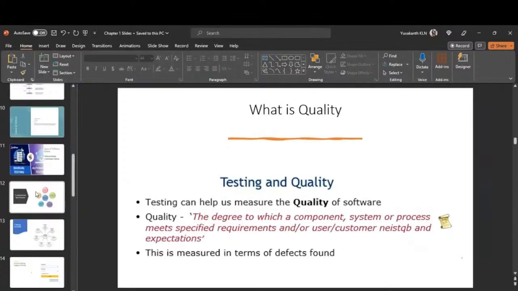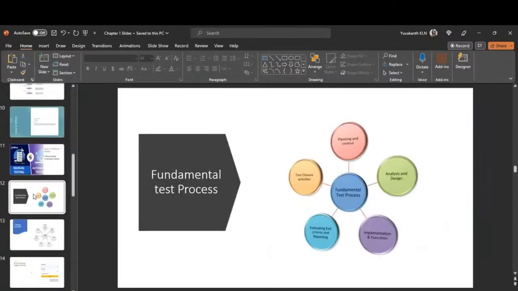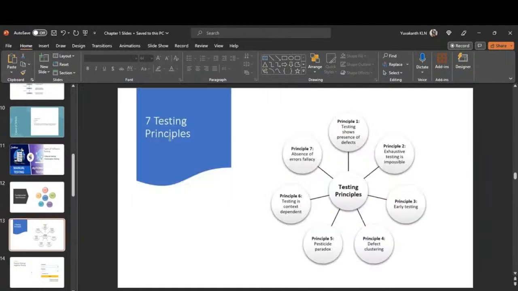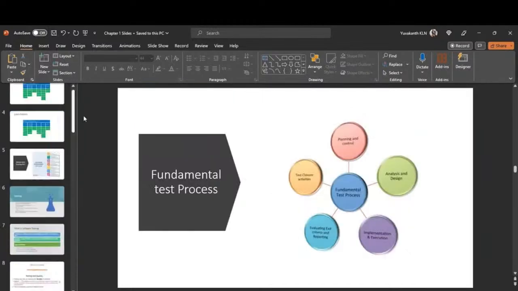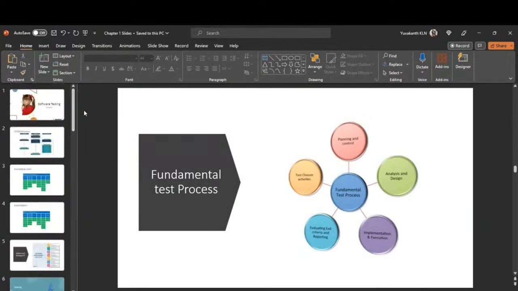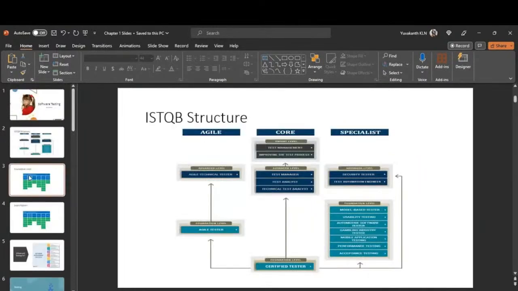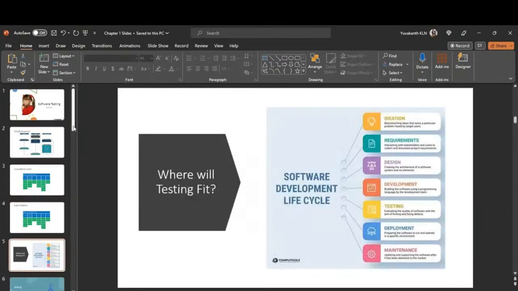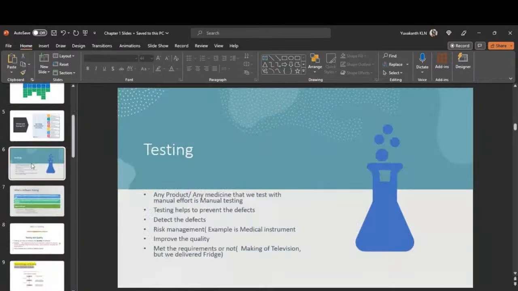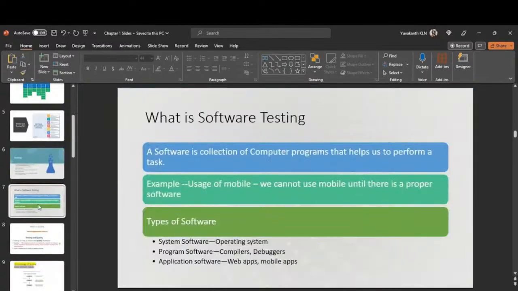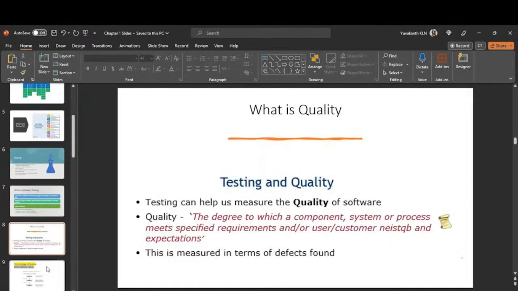What is the fundamental test process and what are the 7 testing principles, these are the 2 topics that we'll discuss in tomorrow's class. For today's class, I think everyone got to understand the ISTQB structure, where testing fits, the definition of testing, what is software testing, what is quality, and the terminology of error, defect and failure.